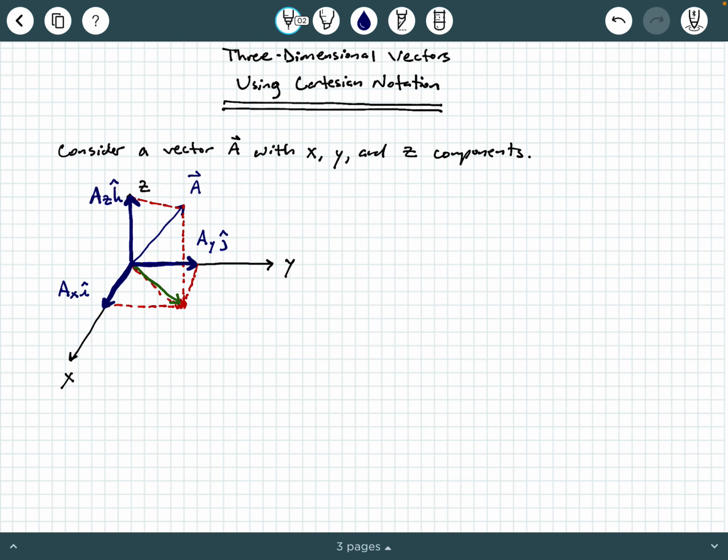All right, so there are my three components, the i, the j, and the k Cartesian components, in 3 dimensions, okay?